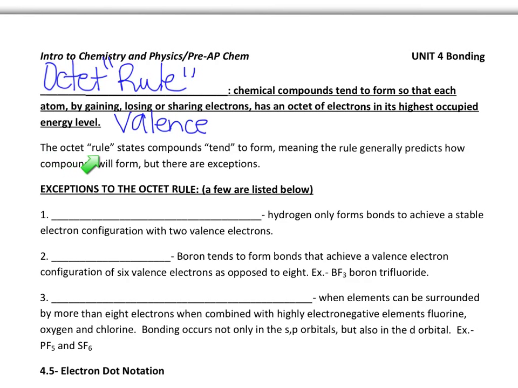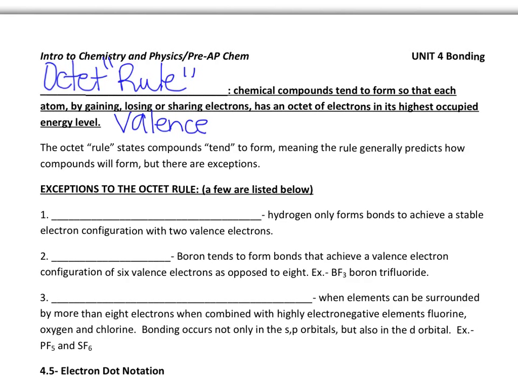The octet rule, there we go, I've put it in quotes there, states compounds tend to form, meaning the rule generally predicts how compounds will form, but there are exceptions. There are always exceptions. I've not found hardly any rule in chemistry where there aren't at least a few exceptions. You will need to be familiar with these because they're very important, especially if you move on into the higher levels of your chemistry education.